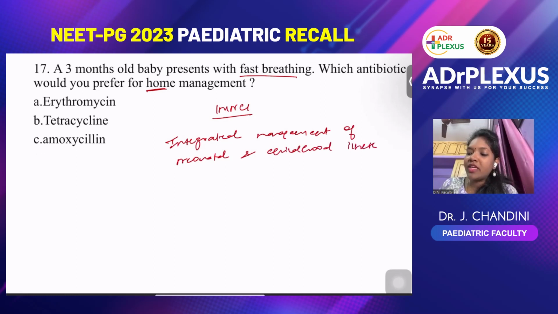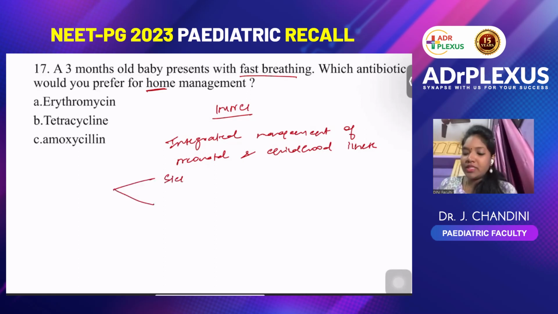So they have given certain guidelines for how to diagnose and treat certain conditions. This IMNCI is mainly for health workers in the primary centers, health workers who are going and seeing the baby. So how will they identify whether the baby is sick? When should they give home medicines and when should they refer? That is what is given in this IMNCI. According to this IMNCI, they will divide the babies into 2 categories.